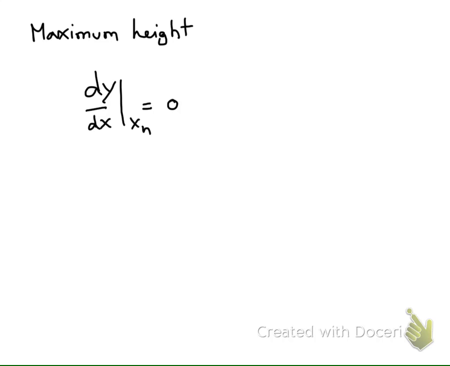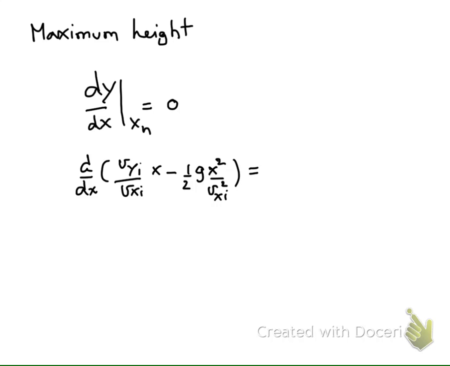But from the equation of y as a function of x, we have that d by dx of vyi over vxi times x minus half of g x square over vxi square is equal to 0.